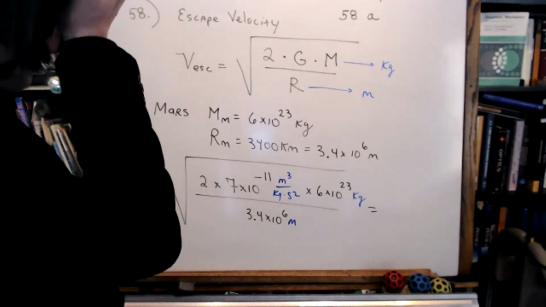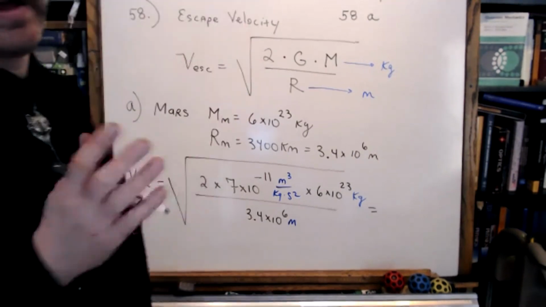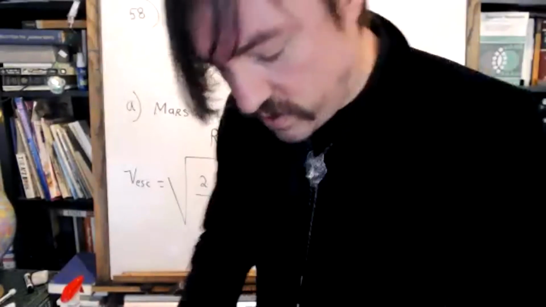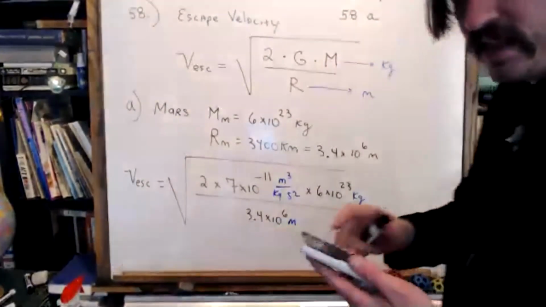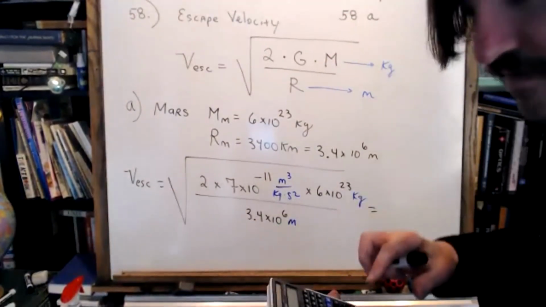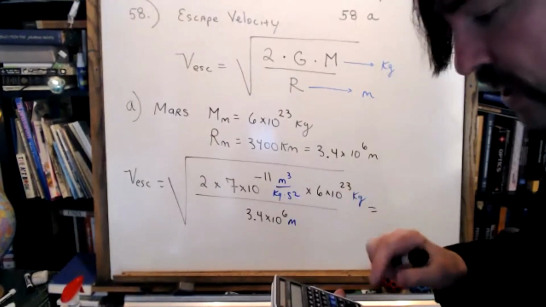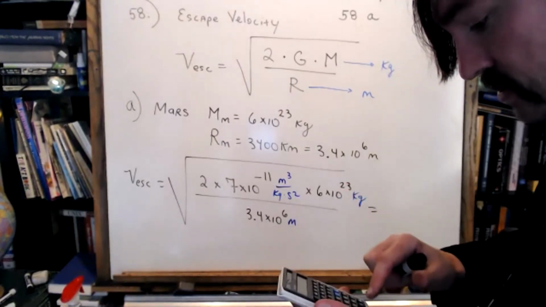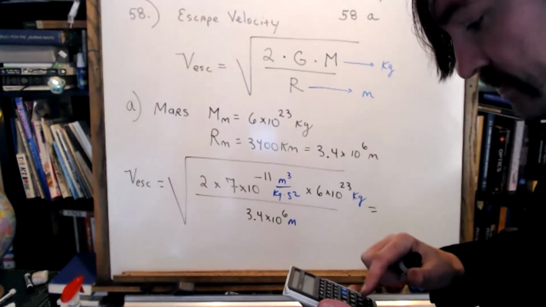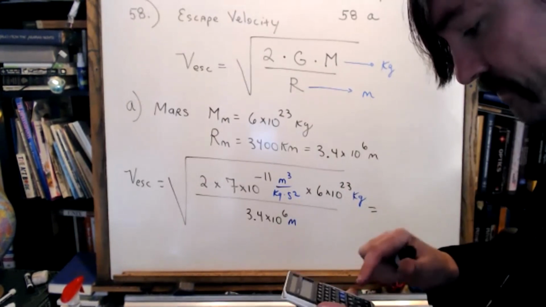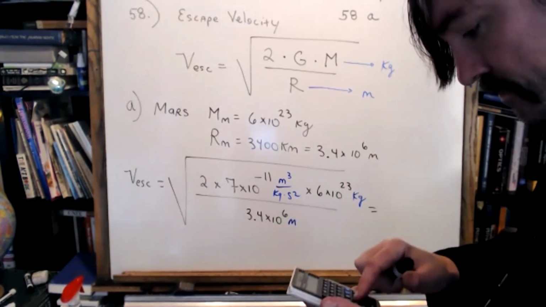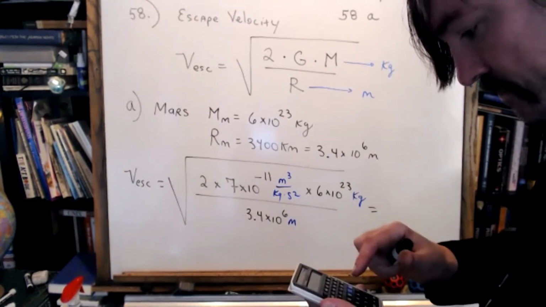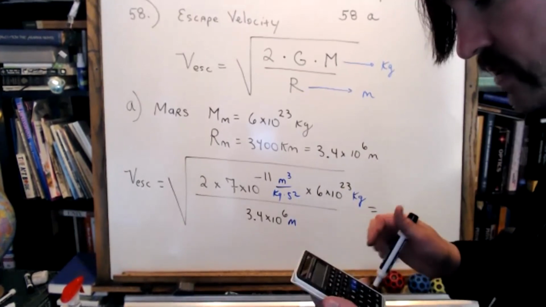Oh geez. 4,900 is close. I just want to see if I get that. I remember it being a little bit over 5,000. Your answer is approximately correct. Let me just double check it. Oh, yeah.